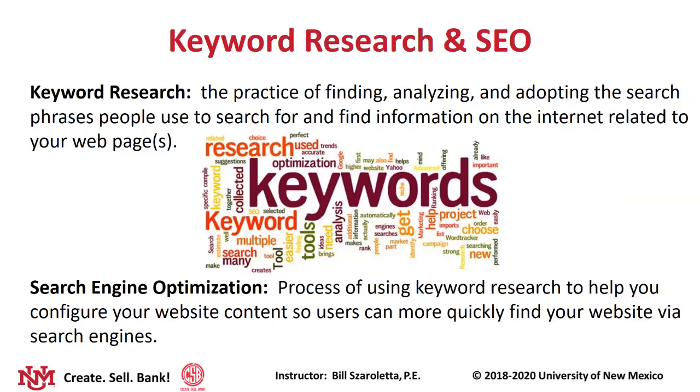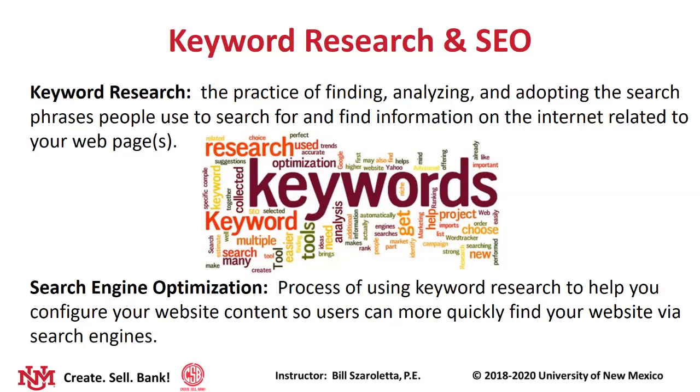Keyword research and search engine optimization, or SEO. Keyword research is basically finding, analyzing, and adopting the search phrases people use to search for and to find information on the internet related to your web pages. And it's not just your web pages, it's also your social media presences that might be hosted elsewhere in addition to your particular web pages.